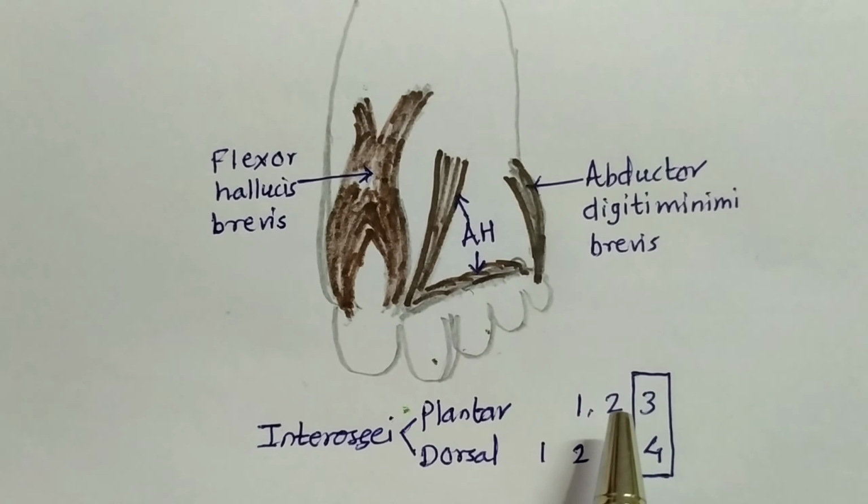There are 3 plantar interossei and 4 dorsal interossei. The interossei in the 4th intermetatarsal space, means 3rd plantar and 4th dorsal interossei, are supplied by superficial branch of lateral plantar nerve, and the remaining interossei, means 1st and 2nd plantar and 1st, 2nd and 3rd dorsal interossei, are supplied by deep branch of lateral plantar nerve.